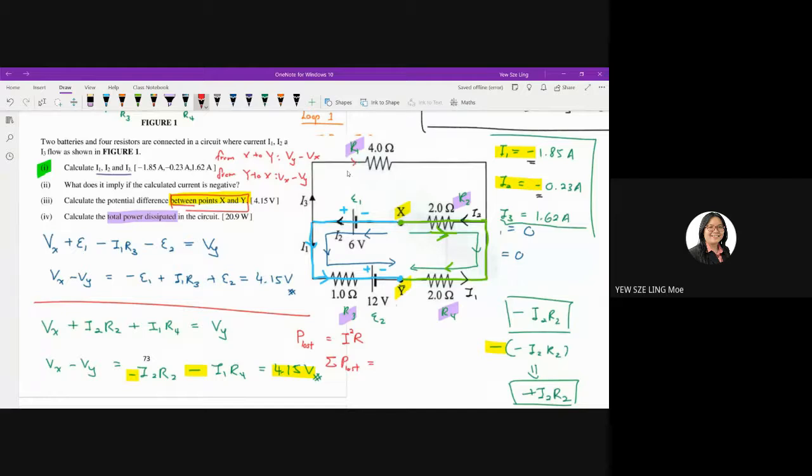R1, we have current I3. So I3 squared R1 plus, now we have R2, we have I2. So plus I2 squared R2 plus again.